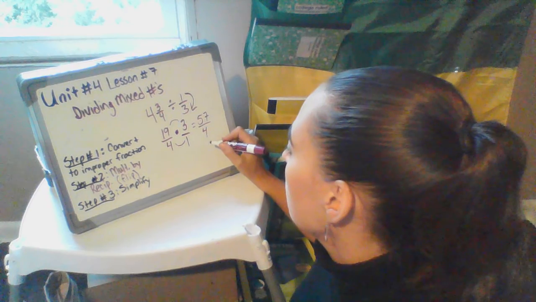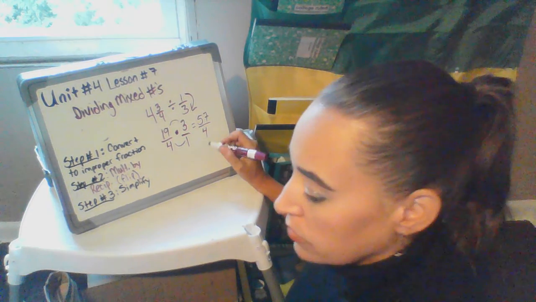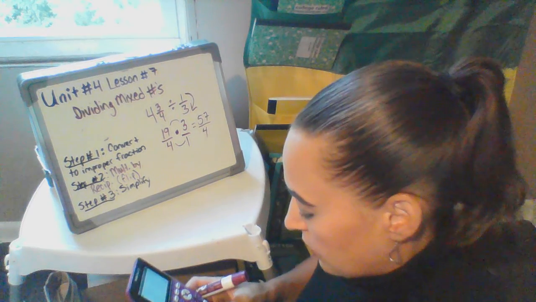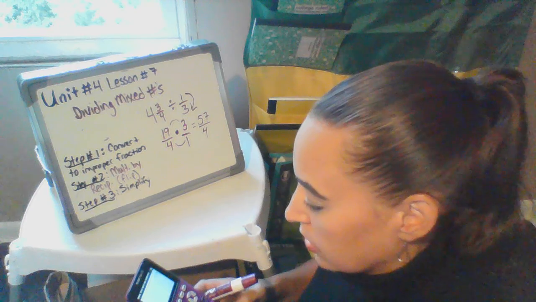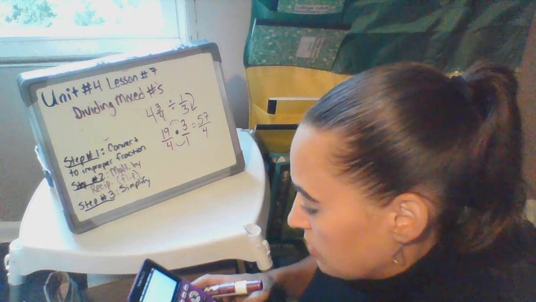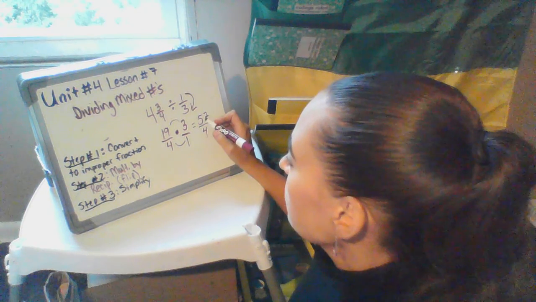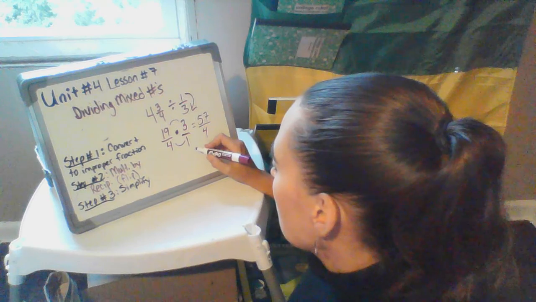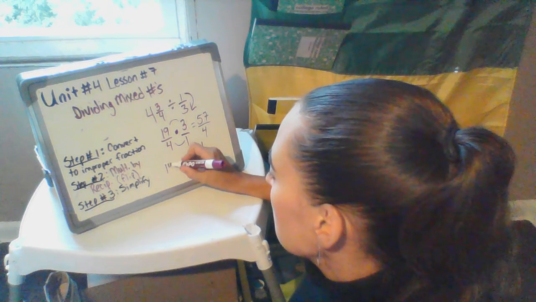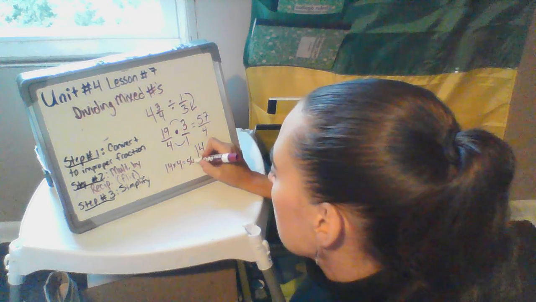All right, so it's over 12 times. So we're just going to use a calculator at this point. 57 divided by 4 is 14. Okay, so 4 goes into 57 14 times, 14 whole times, because 14 times 4 equals 56.